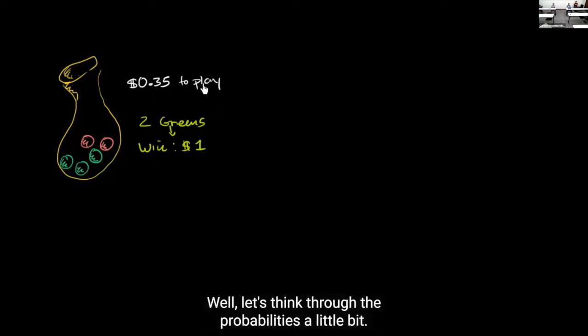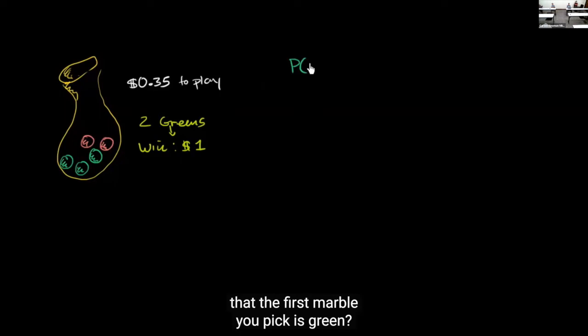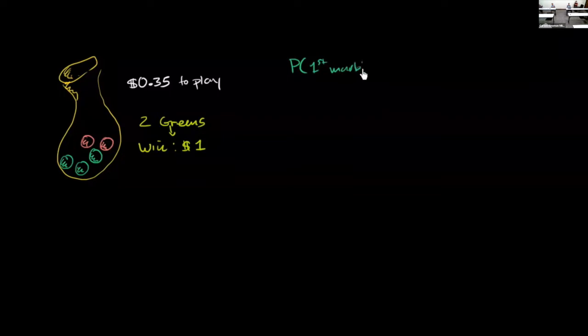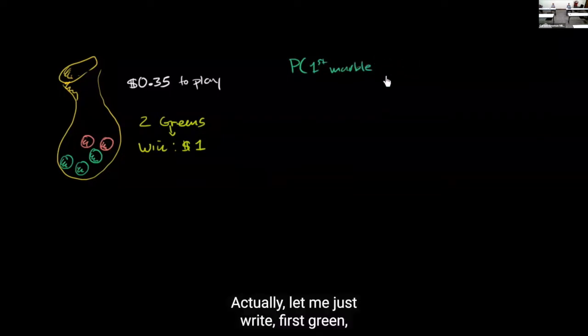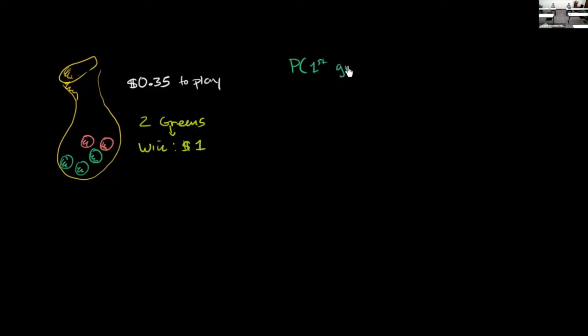Let's think through the probabilities of it. So first of all, what's the probability that the first marble you pick is green? Actually, let me just write first green. Probability first green.